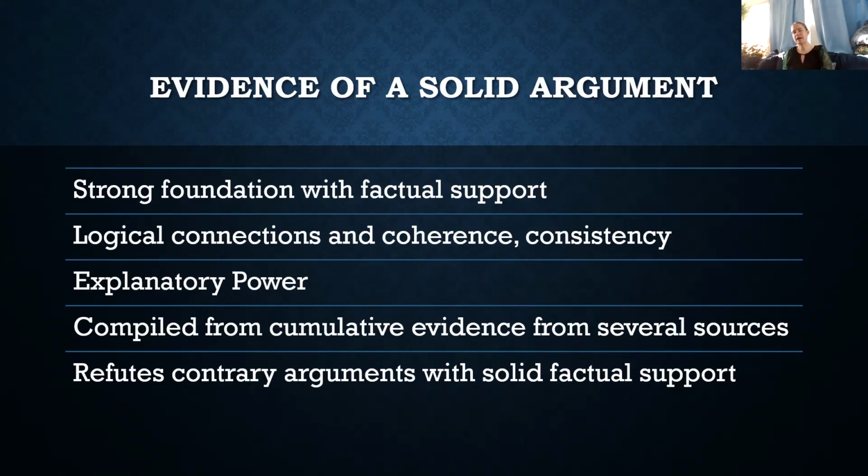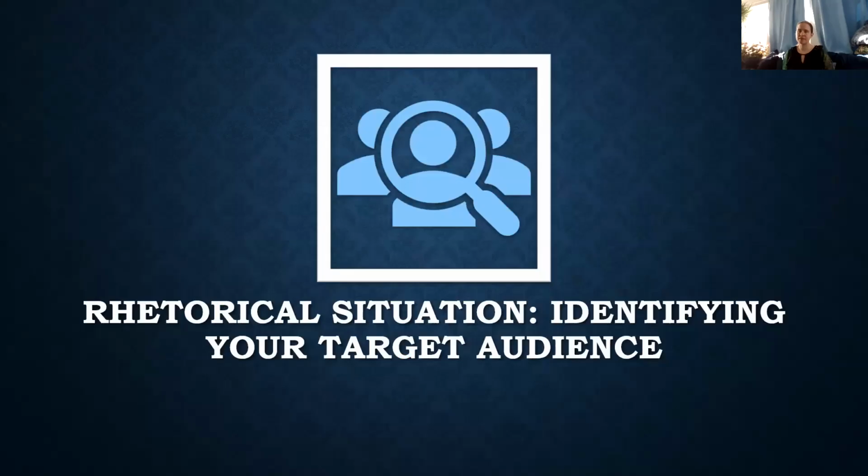To avoid having bias, you want to pull from a variety of credible sources that work together to support your argument. This shows that the information you are presenting has been tried and tested numerous ways by a number of different experts.